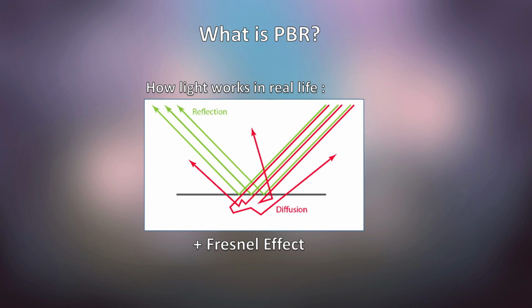You got the sun that lights the apple, and the light of the sun is white. And this white color is actually made of all the colors of the rainbow. So you got green, blue, yellow, whatever. And every ray that is touching the apple is going to be either scattered, reflected, or diffused into the apple.